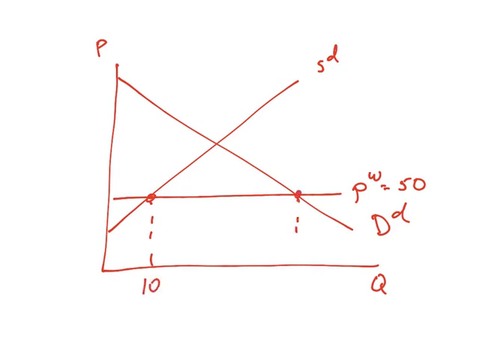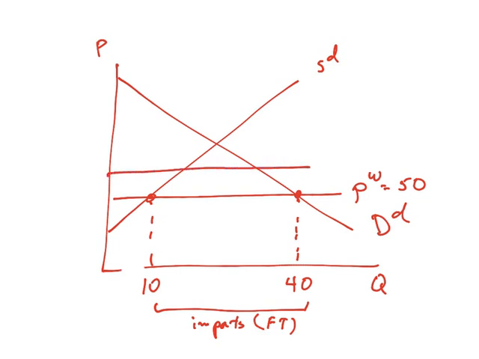And if you go back and you look at the associated imports under free trade, it was 30. Now what we've got is the price under the quota is 63.3.